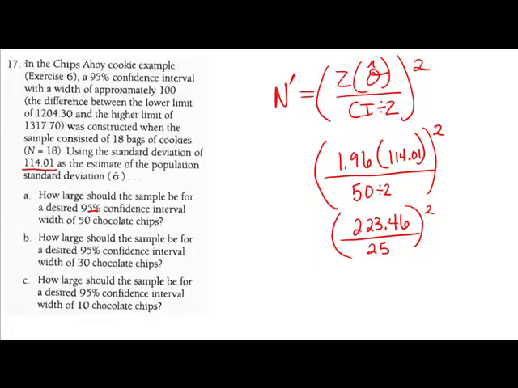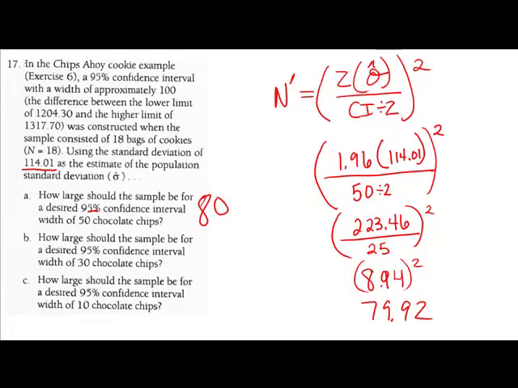What's inside the parentheses? 223.46 divided by 25 is 8.9384. So that's actually 8.94. Squared. 8.94 squared is 79.92. We should have 80 people.